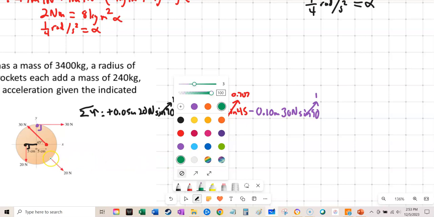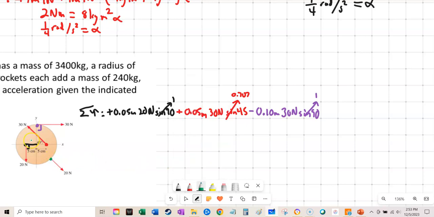This last one right here, which is the easiest one, this rocket is located 10 centimeters out. It's not going to contribute to the torque at all. It's not going to make it spin at all. But we're going to go through the motions. So it's 10 centimeters out, or 0.10 meters. It's 20 newtons.